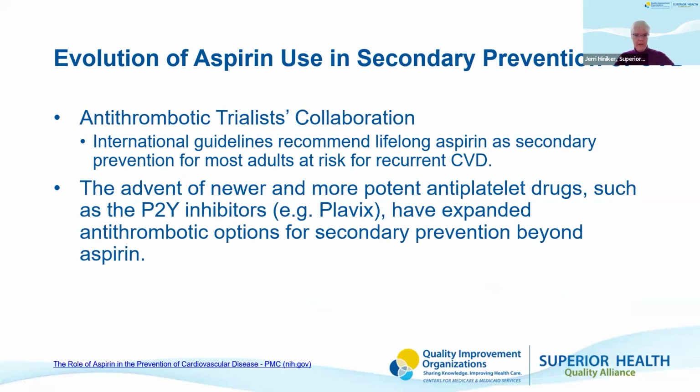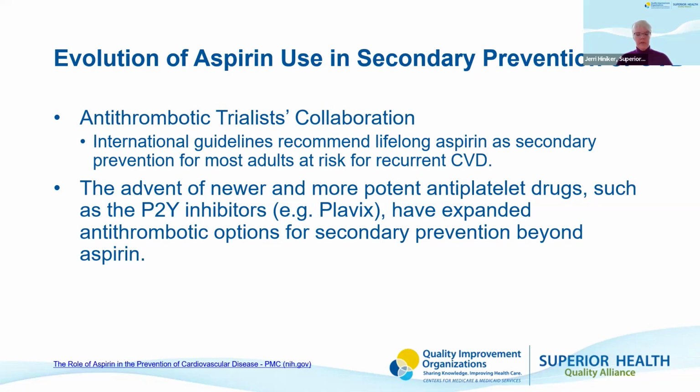So that was the evolution of primary prevention. I'm going to talk a little bit about where we've been and are going with the continued use of low dose aspirin in secondary prevention. So as part of secondary prevention, patients who have already been diagnosed with cardiovascular disease or have had a heart attack, the international guidelines recommended lifelong low-dose aspirin.